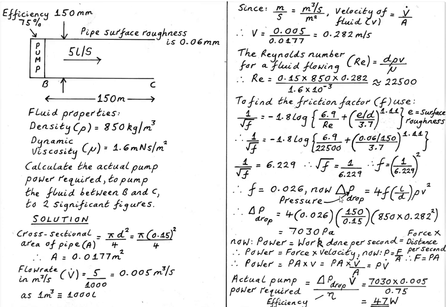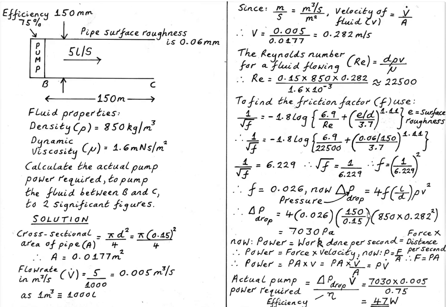Now the change in pressure from points B to C is denoted by this triangle here, and P is the pressure, and it's a drop because the pressure at C would be less than the pressure at B. Using this equation here, the pressure drop along the pipe is given by this equation. So substituting our value of the friction factor as 0.026. Now L over D can either be in meters or millimeters, but they must be in the same units.